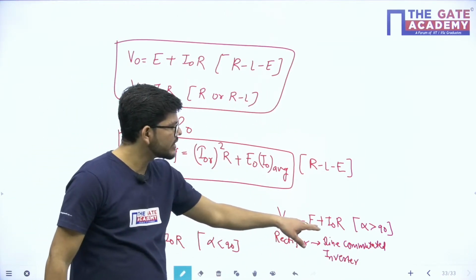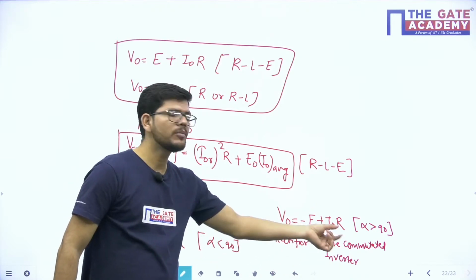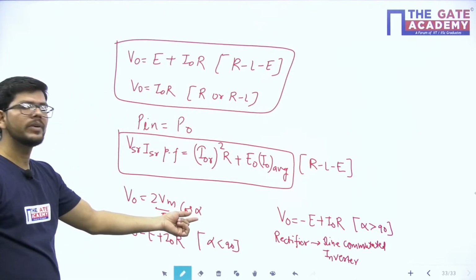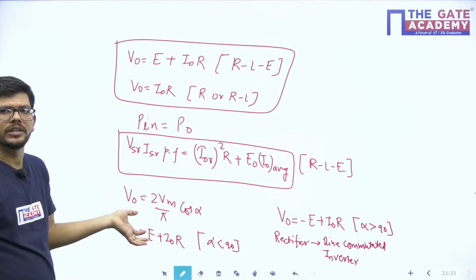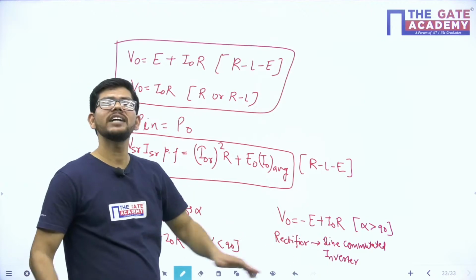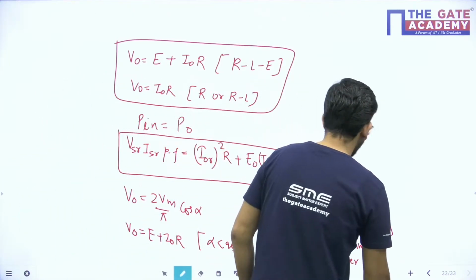V naught is minus E plus I naught R, because the rectifier is now converted into a line commutated inverter, because when alpha is greater than 90, cos alpha gives a negative voltage. That means inverse operation. So the rectifier is now working as an inverter, and the polarity of E has to be reversed.